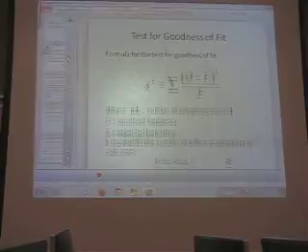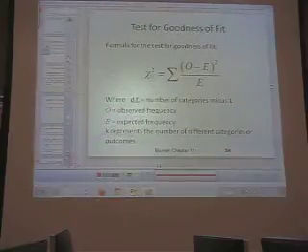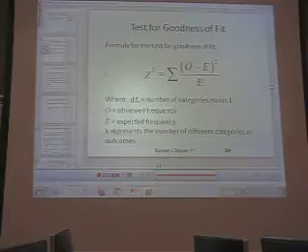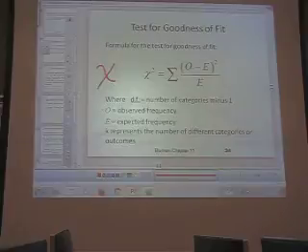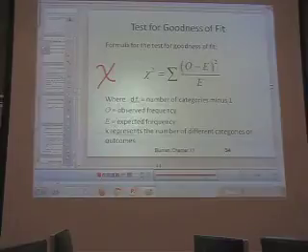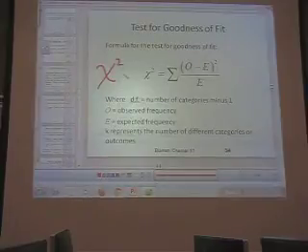So here's our formula. This is called chi-squared. It's not x squared. It's a swishy thing with a line across. That's a chi. Everybody on board? It's not an x. Do not confuse it with x. This is chi squared. That's its whole phrase.